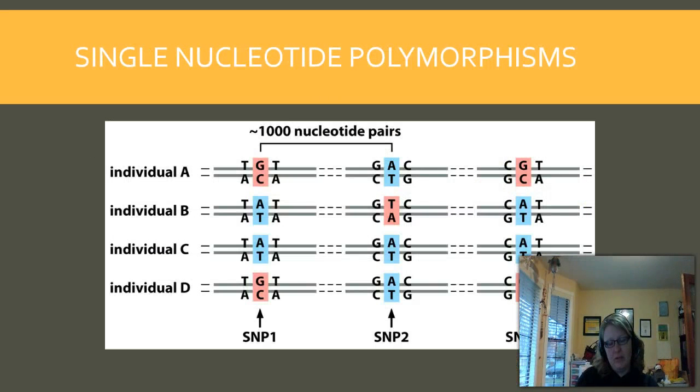Another big thing that we do in genetic testing, which is becoming a very big backbone of research, is single nucleotide polymorphisms. If you remember back to Unit 2, we talked about how you and I vary by about one base out of every 1,000 nucleotide pairs, and these are called single nucleotide polymorphisms.